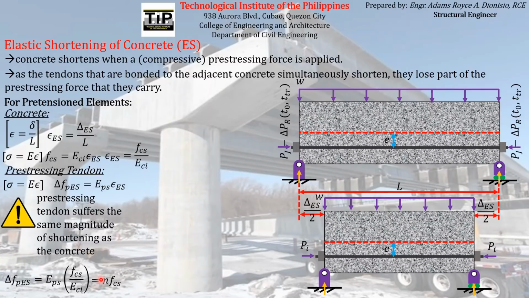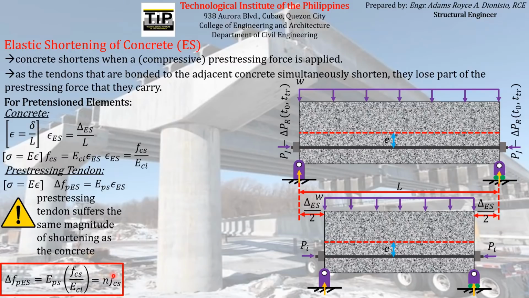That is just the ratio of the modulus of elasticity of the pre-stressing reinforcement and the concrete element. So if we will designate it as the modular ratio n, and retain FCS, therefore we can find the formula for finding the pre-stress loss due to the elastic shortening of concrete, which is equal to this expression.